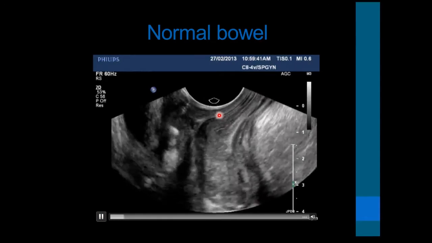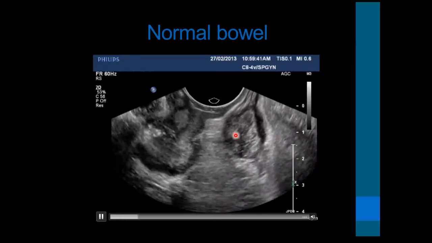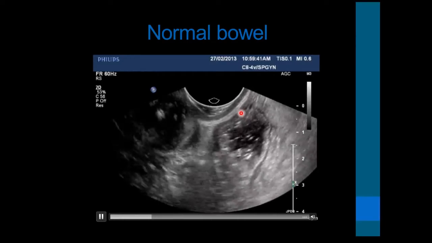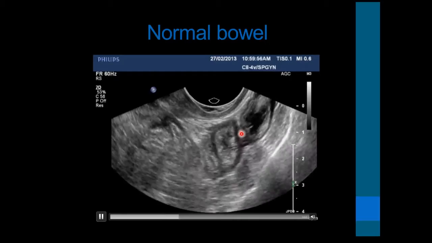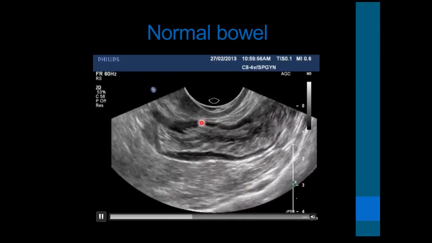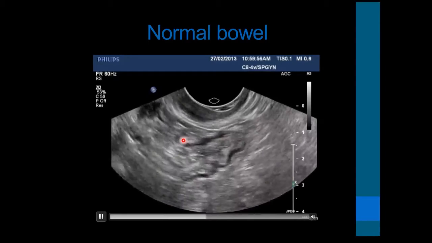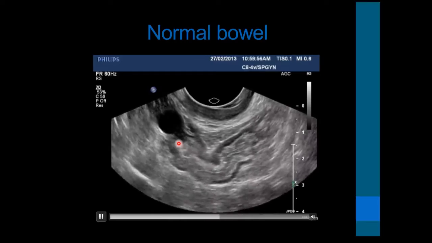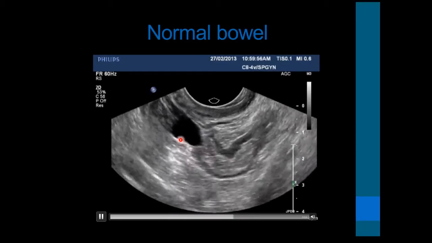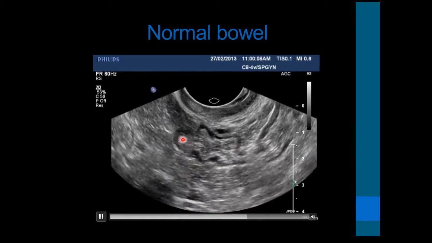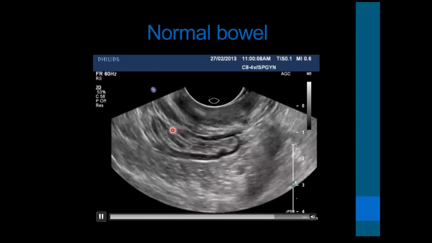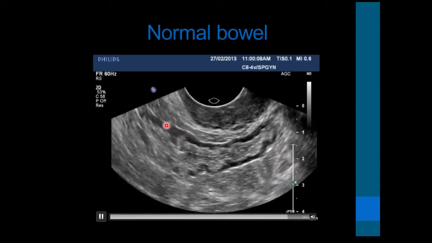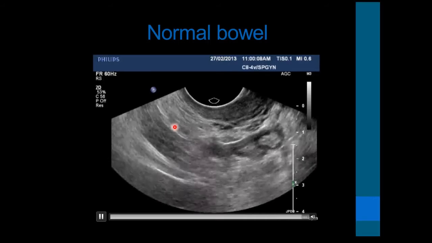So here you see the muscle layer, and you follow it as a tubular structure, and sometimes you see it in cross section, sometimes in longitudinal section. But you keep your eye on this muscle layer, and again here, and you can go further, and usually you can examine about 25 to 30 centimeters of bowel this way.